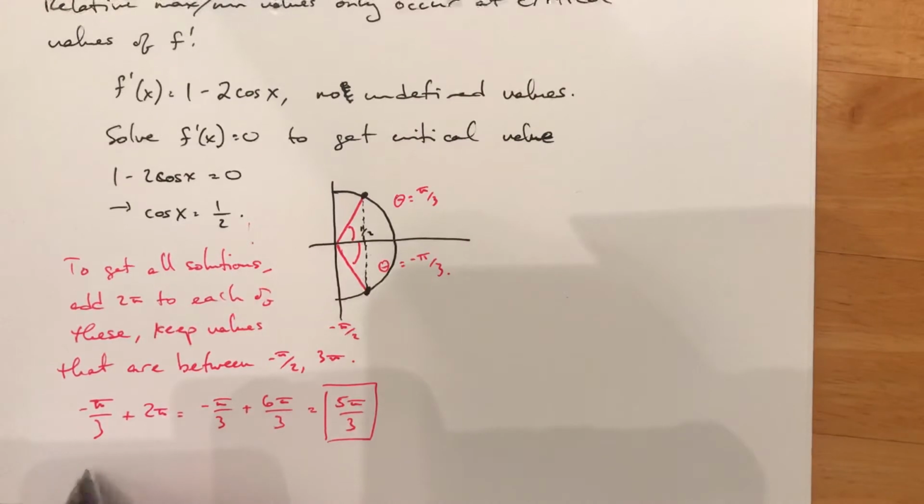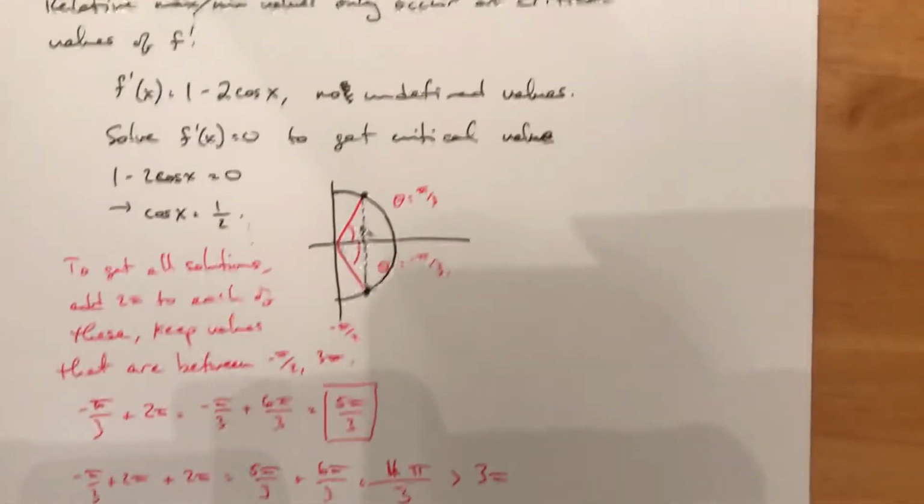If we add 2 more pi, again, we're going to get 5 pi over 3 plus another 6 pi over 3 makes 11 pi over 3. But that's way more than 3 pi. So we want to stop at, say, 9 pi over 3 would be 3 pi.